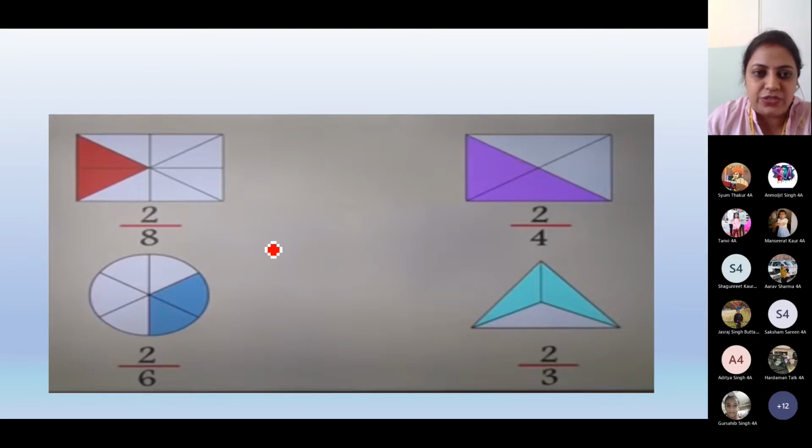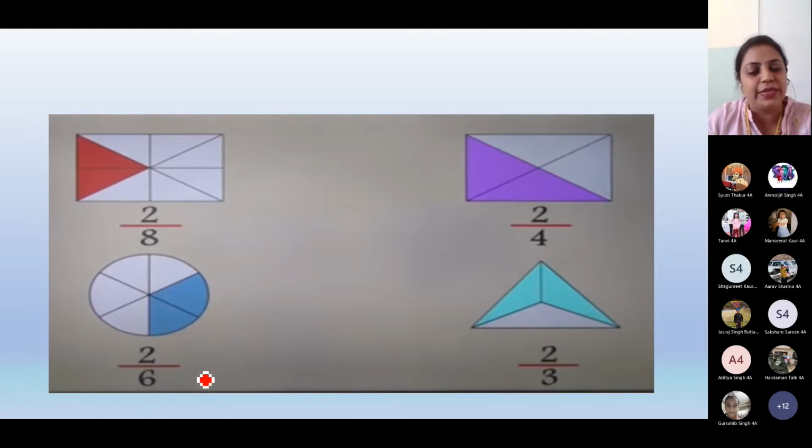Now look at these fractions, 2 by 8, 2 by 4, 2 by 6 and 2 by 3. Are these fractions same? Karthik, please tell me. Can we say that these fractions are like fractions? No, ma'am. Why? Numerator is same. Ma'am, in like fractions, denominator is same. Here numerator is same.